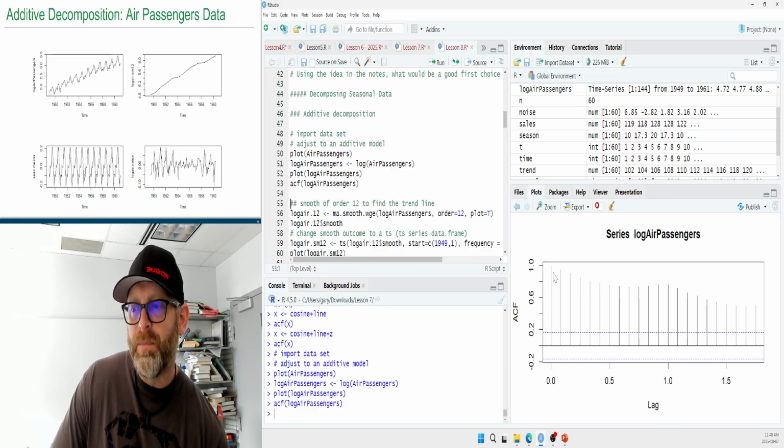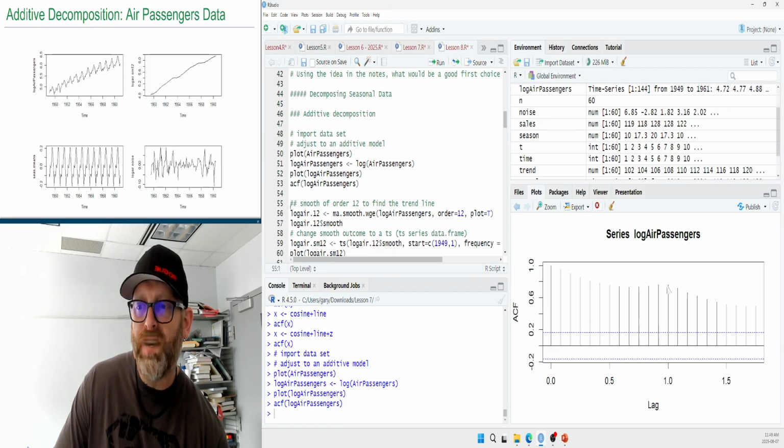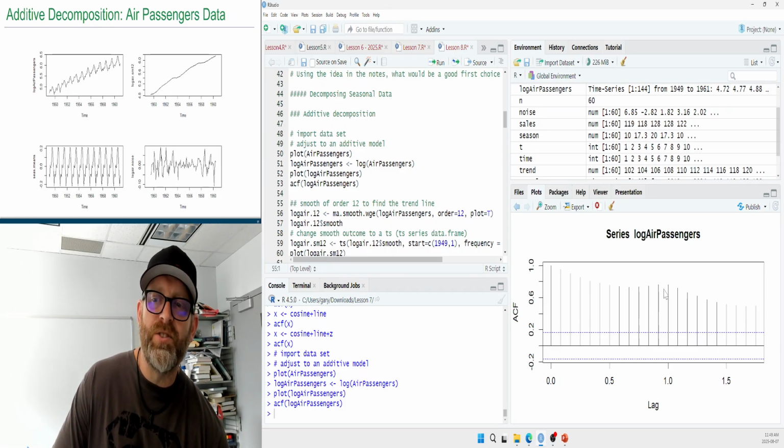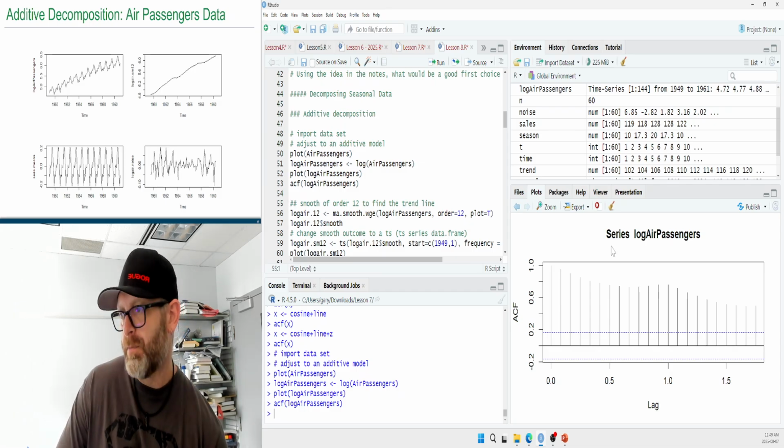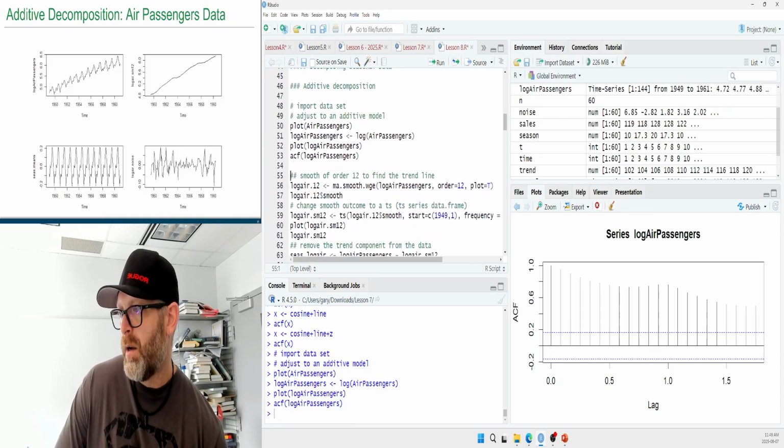Same as before, very strong correlation at the beginning, so we're seeing a decrease. I'm seeing a bump back up, and around the 1 year, this is where it shifts back down. So I have that up and down sort of pattern here, so this is telling me I want a 1 year or 12-month cycle.